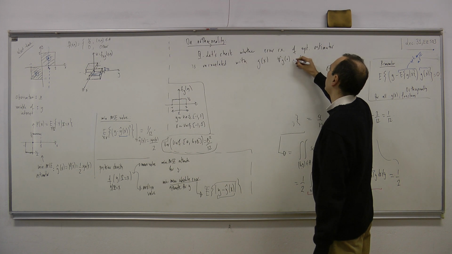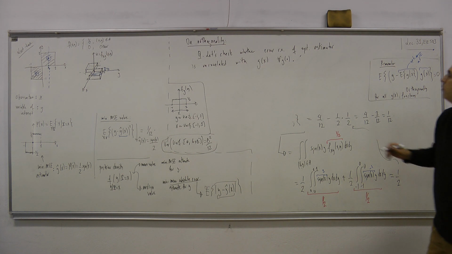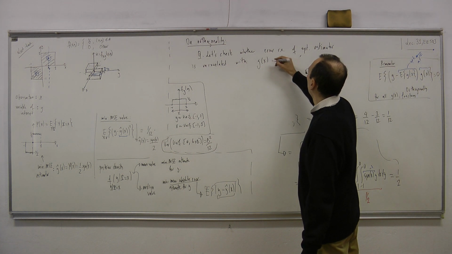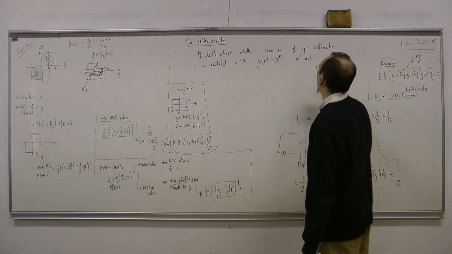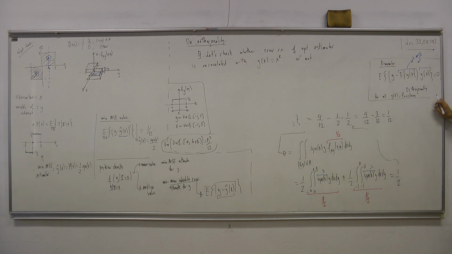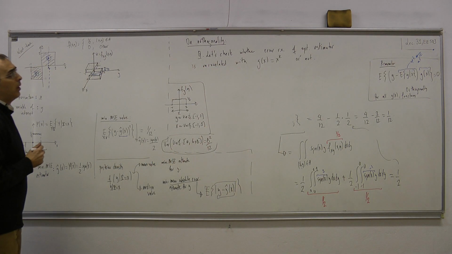Or we are not checking all g functions, but for g of x equal to x to the power k or not. Okay. I cannot check all of these functions because it will be taking lots of time. I don't want to do that. So I just want to check this x to the power k.